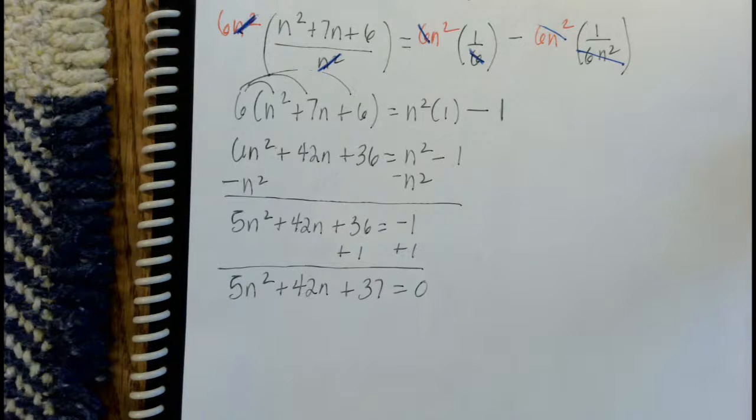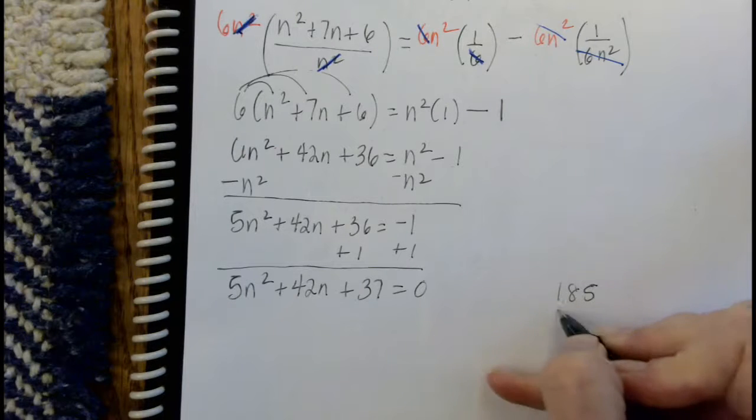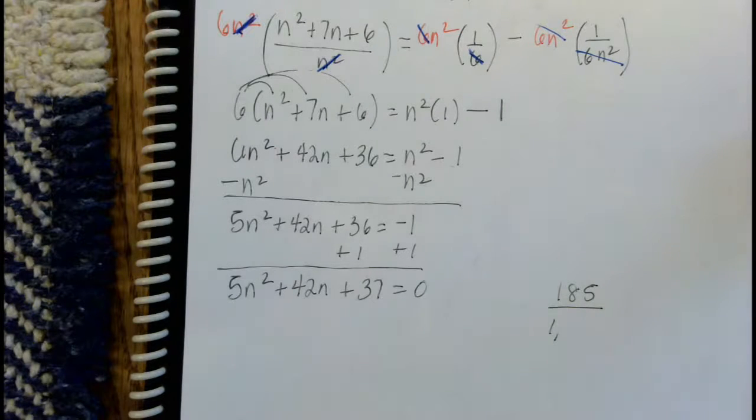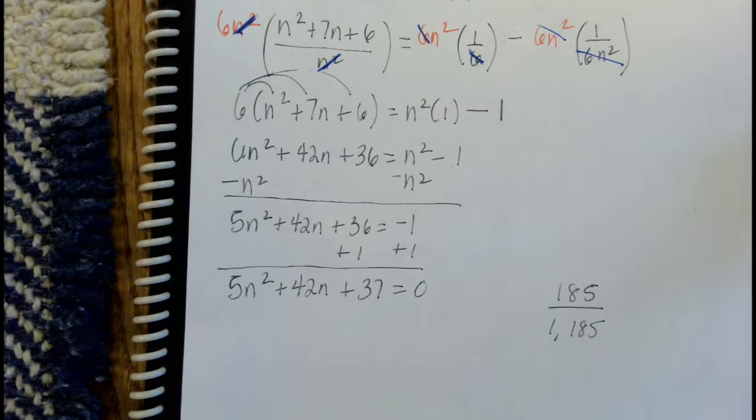So now it should be interesting because we need to factor. It is a split the middle problem, and I should say I hope that it factors. Starting by multiplying 5 times 37 gives us 185, and as we take a look at this, we get 1 and 185. 2 doesn't go in there. 185 divided by 3, nope. 185 divided by 4, pretty sure no. 185 divided by 5, yes, 5 and 37.